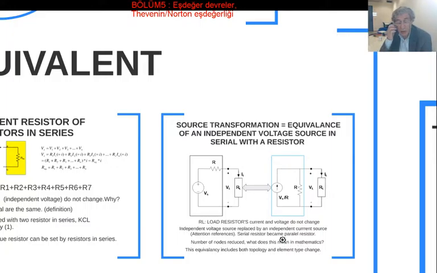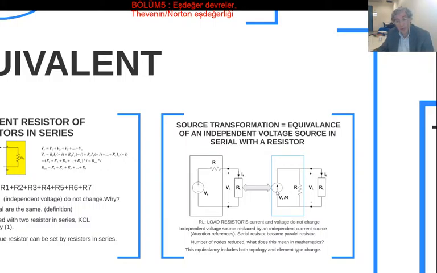If you look at this equivalency now, it is different from the previous one, because in the previous one the equivalent element was the same type of element as the serially connected elements, but in this one it is not the same type. On the other hand, the topology is changed. There is a serial connection here, but this is not a serial connection, and there is an independent voltage source here, and a different type of source here.